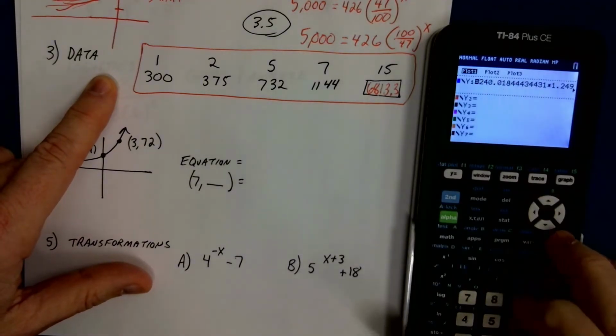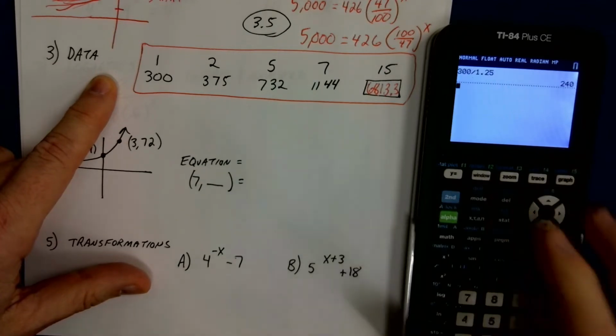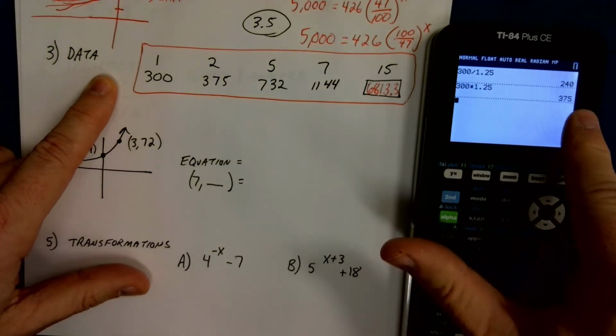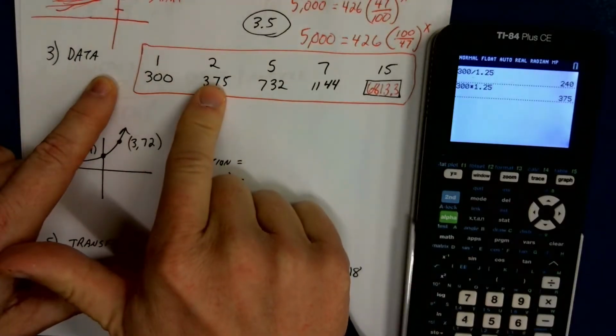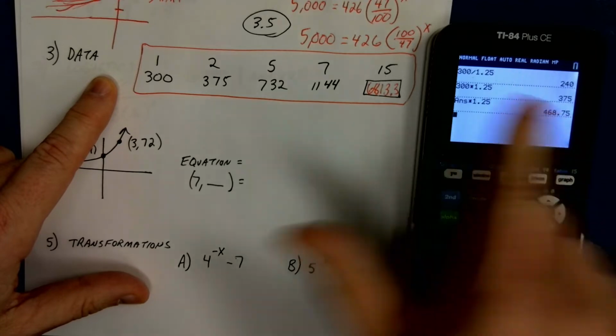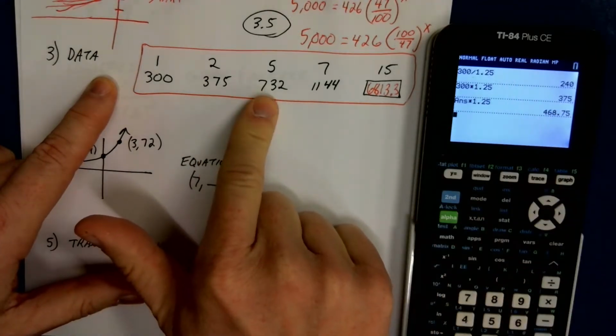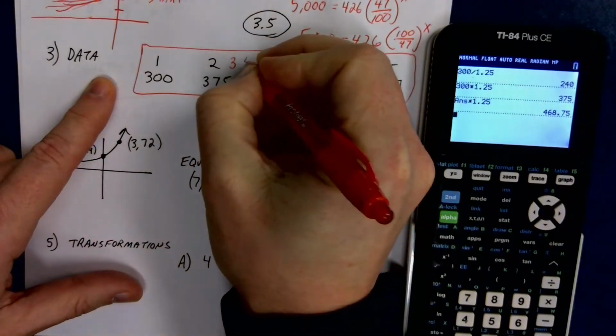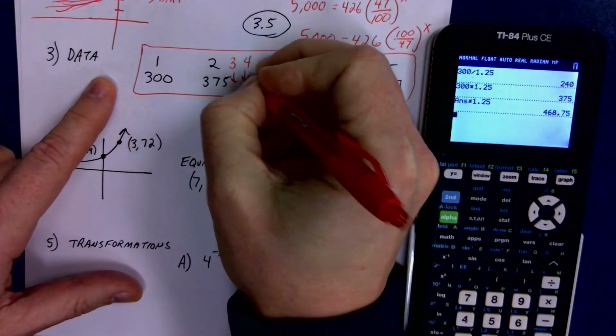Now let's go the other direction. 300 times 1.25, and I hit enter, and you can see it's 375, and that's exactly what that number is. And if I multiply by 1.25 again, I hit enter, I get 468, and that's not that one. But that makes sense, right? We're missing the third and the fourth.